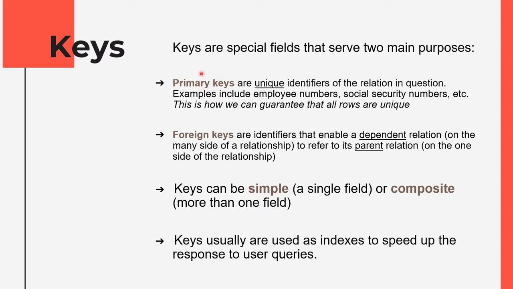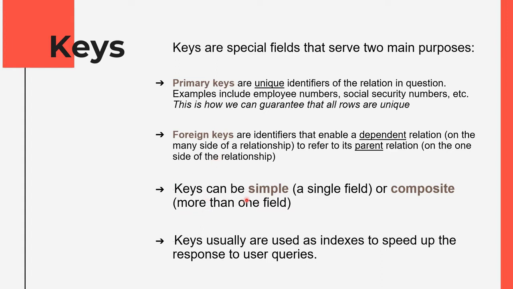First is the primary key, which is unique. Examples include employee number or social security number, which is how we can guarantee that all rows are unique. Another one is the foreign key, which is an identifier that enables a dependent relation on the many side of a relationship to refer to its parent relation on the one side of the relationship.